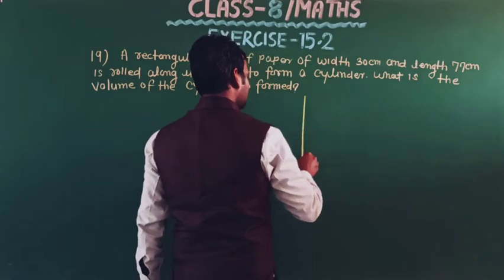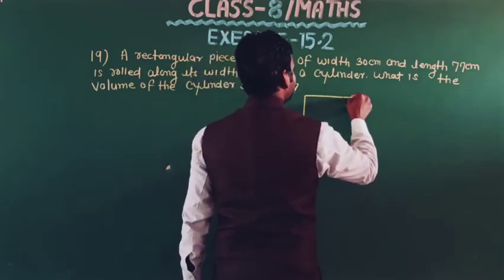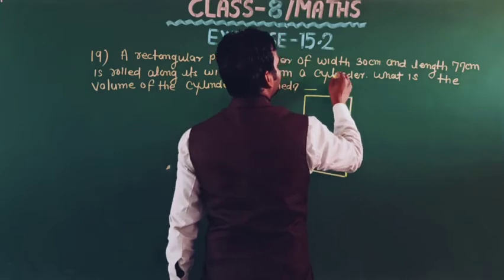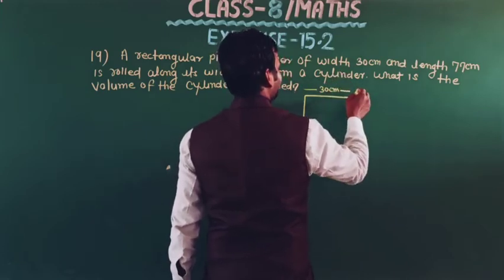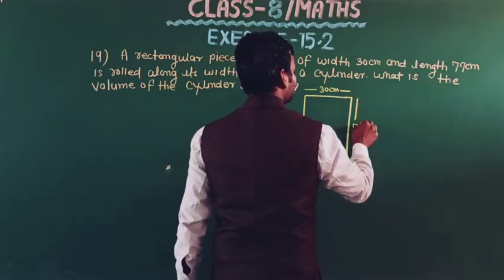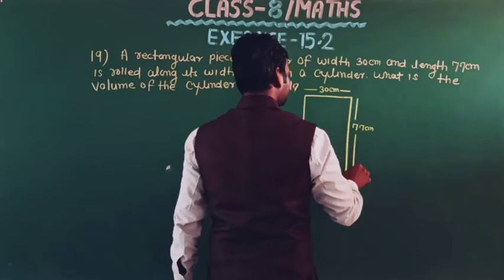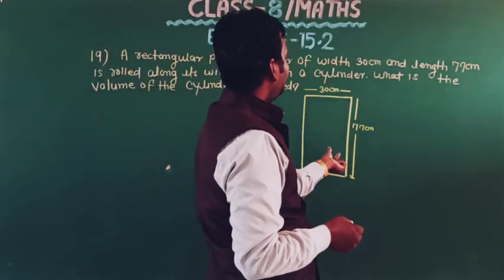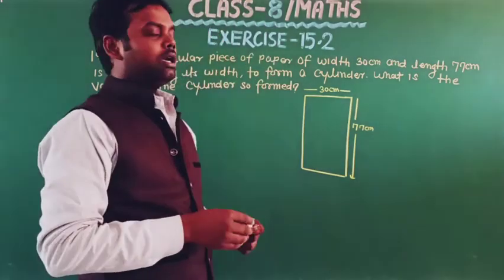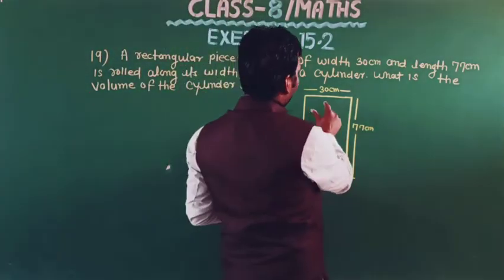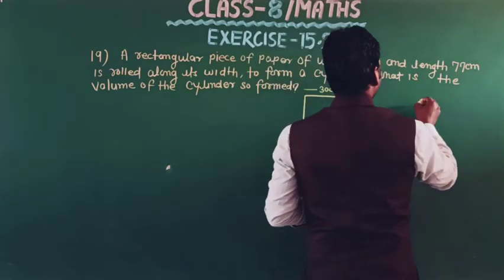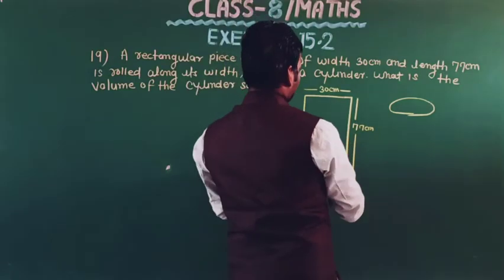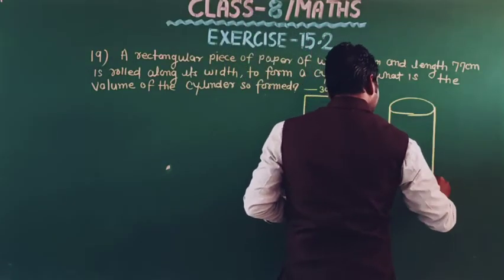A rectangular piece of paper whose width is 30 centimeter and length is 77 centimeter is rolled along its width to form a cylinder.